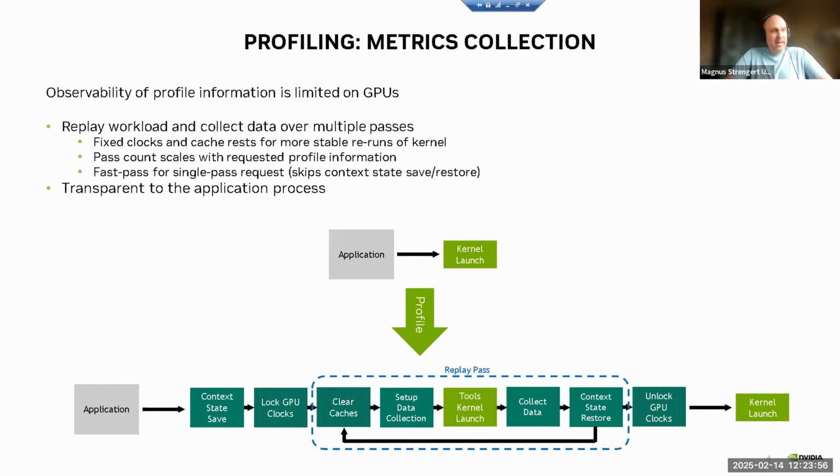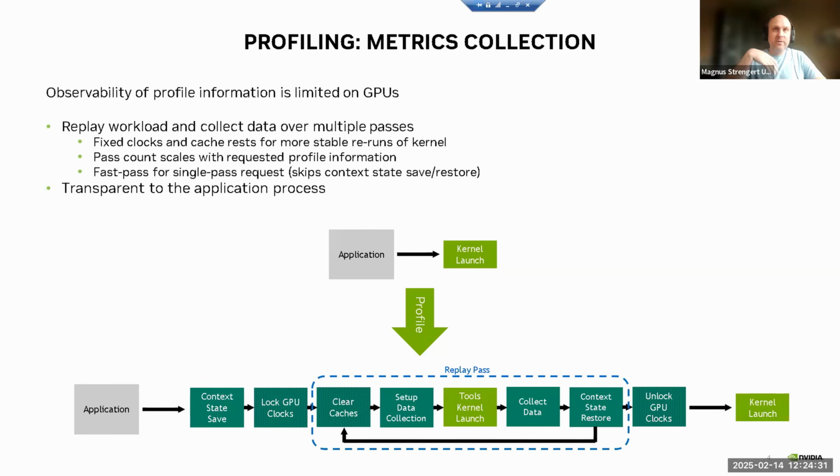Therefore, you cannot collect what we call one report of an arbitrary number of metrics in a single pass. That's why Nsight Systems, for example, has a limited amount of metrics that we are able to collect in that one pass that we have for that application. Now, people already mentioned we replay that kernel a few times, and the reason for that is not necessarily only to make the results more stable. We replay it so that we can collect different data on every pass. So let's say you ask our tool to collect 100 metrics, and we find out that would take 20 passes.